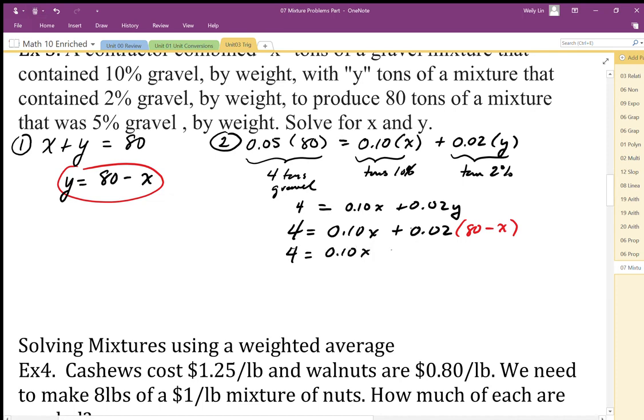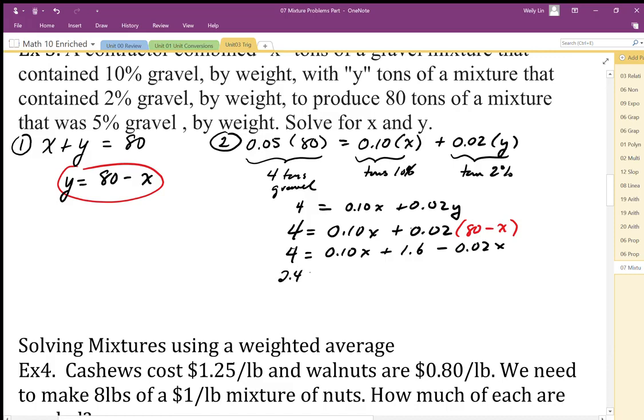0.10x plus, looks like that's going to be 1.6, minus 0.02x. So I'm going to move this over to the other side, so we're going to end up with 2.4.